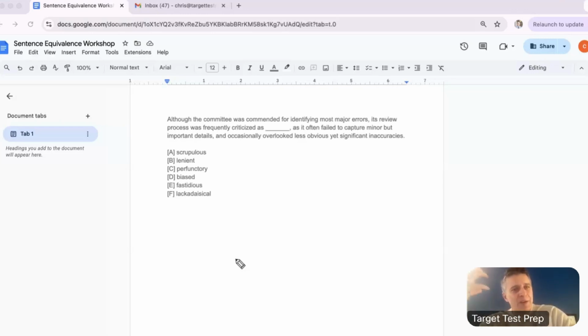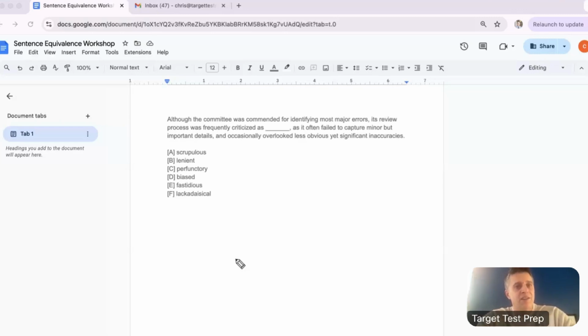There's something about your character that's leading you to miss these really specific things. Is being lackadaisical, could that do it? For sure. So you could capture the big things if you're being a little bit lackadaisical, but you're missing the small things. So perfunctory, therefore, must be a synonym or at least a very similar word to lackadaisical.